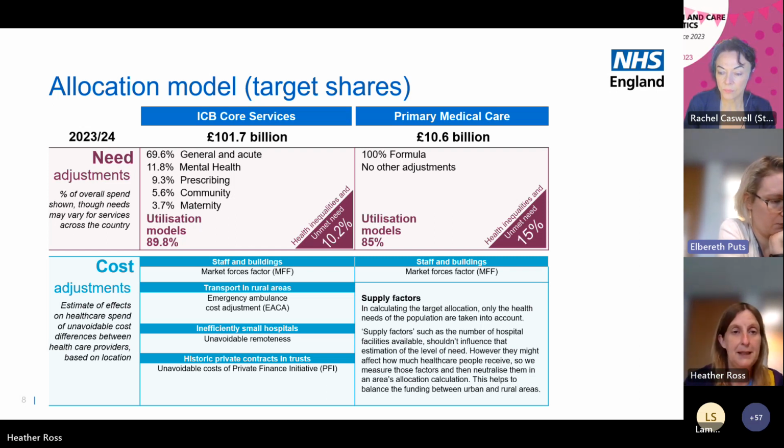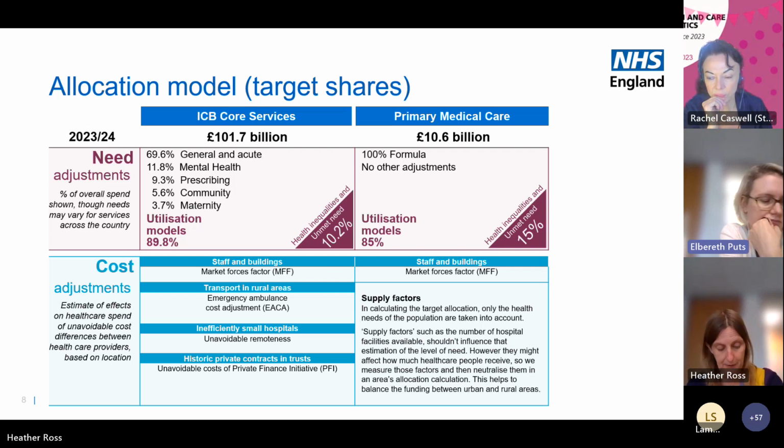But within ICB core services, it's further broken down into different components, each of which has their own model, reflecting that the need for each component will vary between ICBs dependent on the makeup of their population and what the drivers of need are for that component.